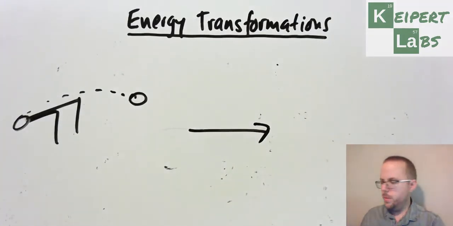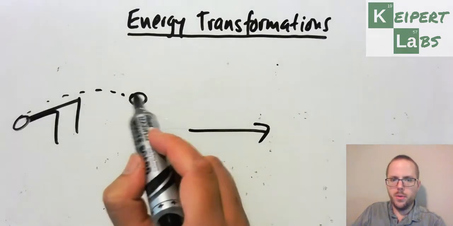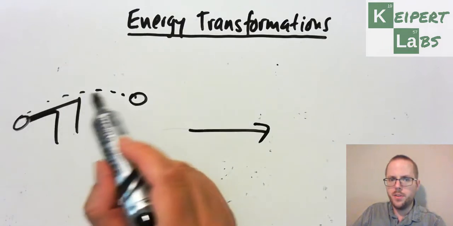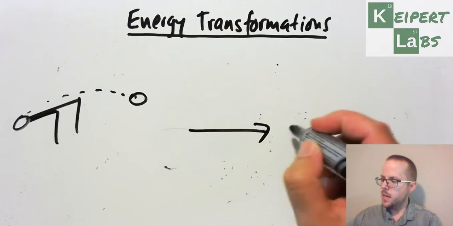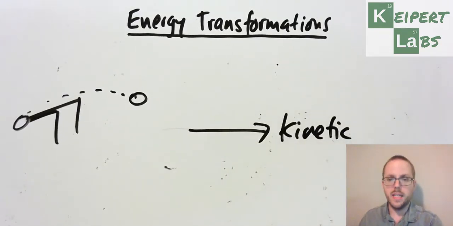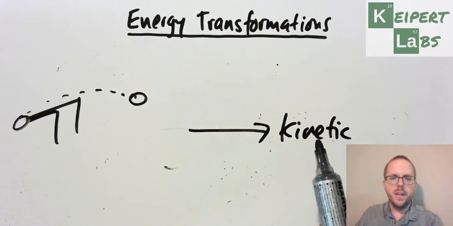Now, we know at the end, our little ball, our little projectile, as the scientists would call it, is moving. Okay, so it's gone from here and it's traveling some distance over here to land, hopefully somewhere safe and not hurt anybody. So the type of energy that we have at the other end is called kinetic, because it's a moving object. Now that energy that it has, because it's moving, came from somewhere, because it wasn't moving all the time.